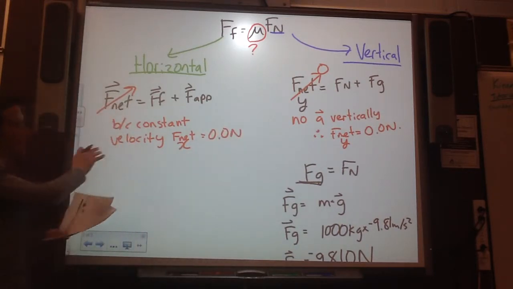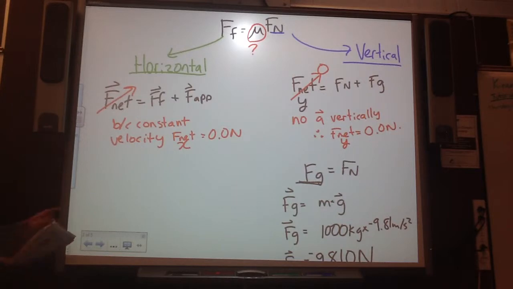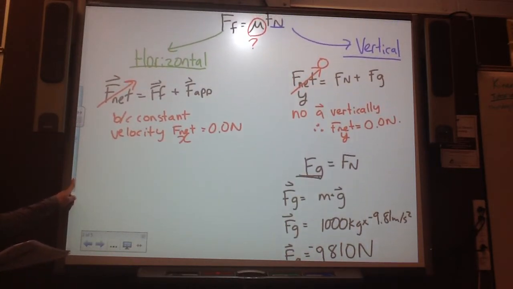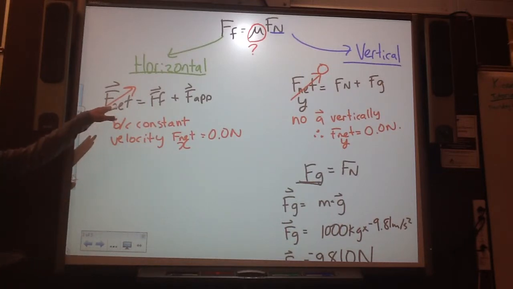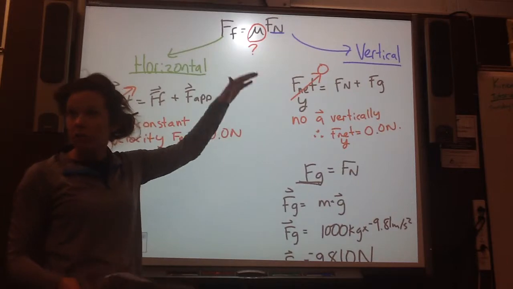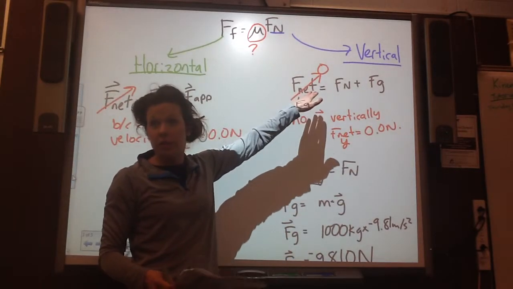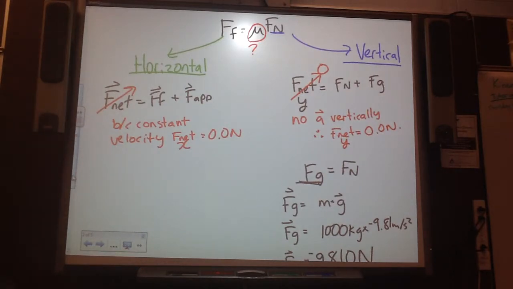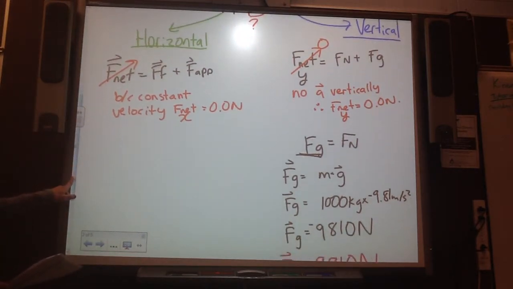This isn't always the case in every question that you set F net to 0. This is just the case in this type of question because it's at a constant velocity. If it's not moving up or down for vertical, then this F net is 0 too. So if it only has horizontal motion, yeah.